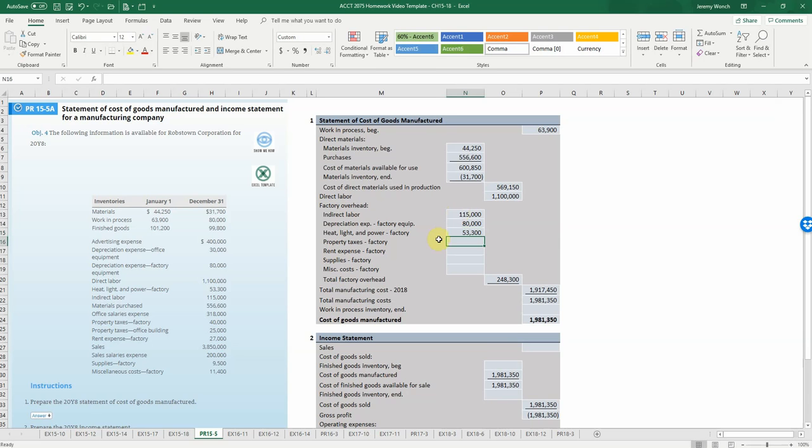And then property taxes. Here we have two property taxes: the factory and the office building. The office building is just a G&A expense, not a product cost.